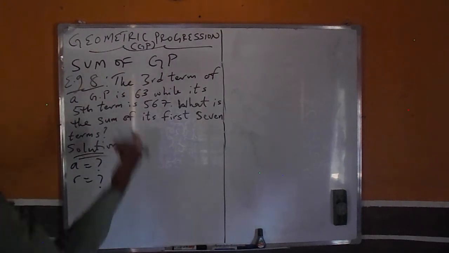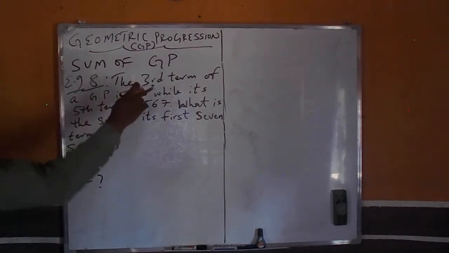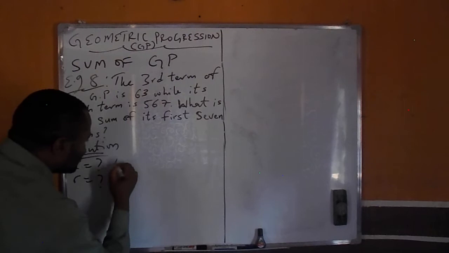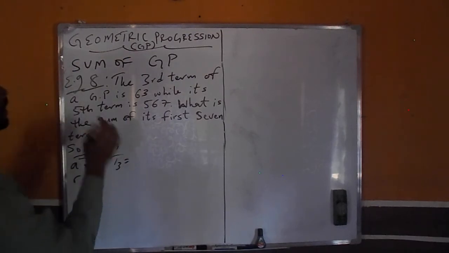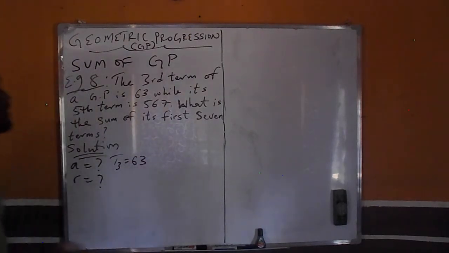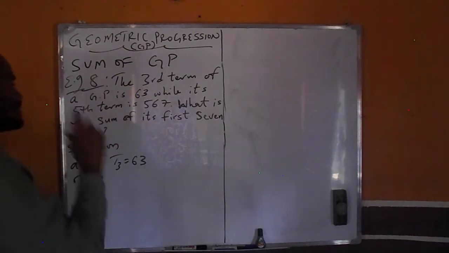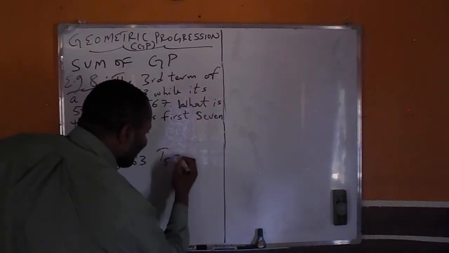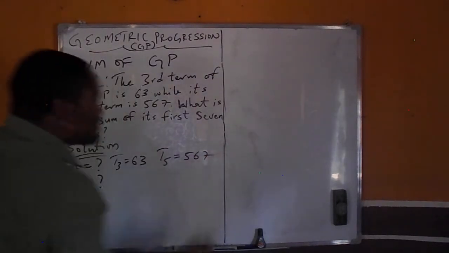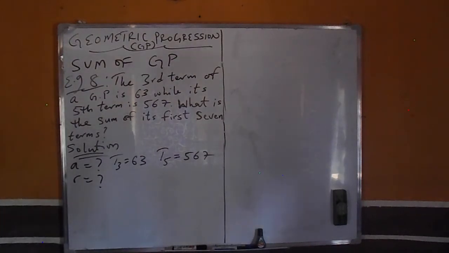The first thing we are given here is the third term of a GP is 63, which is T3 equals 63, while its fifth term is 567, T5 equals 567. This is what we are given. Then, what is the sum of its first 7 terms?